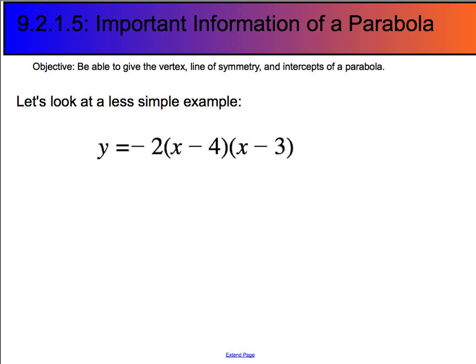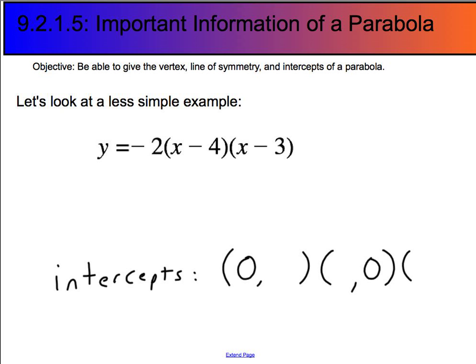Let's look at a slightly less simple example. Again, I'm going to start with the intercepts. And when you plug in 0, I'm going to kind of skip over my work.